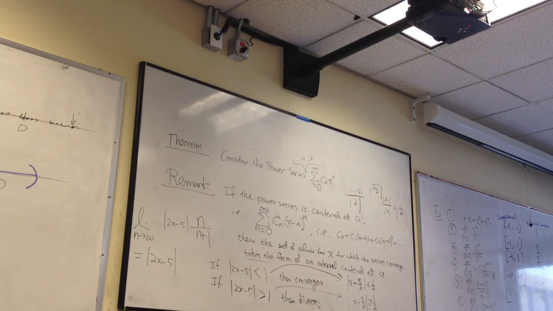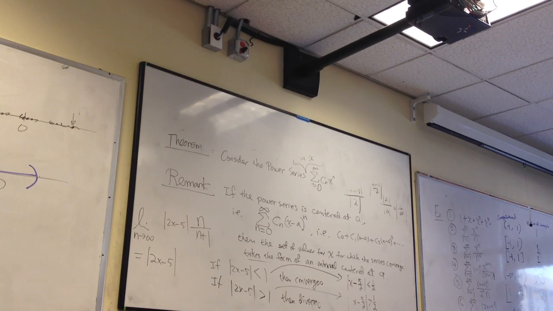If it's greater than 1 half, then it diverges. So what is 1 half to the right of 5 halves? Isn't that 6 halves, which is 3? And 1 unit, and then this one must be 2. So the interval must be what? 2 to 3.